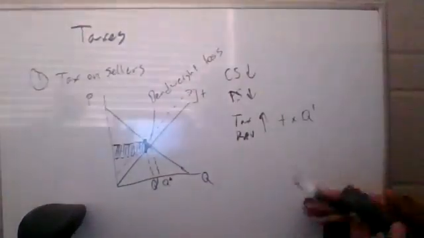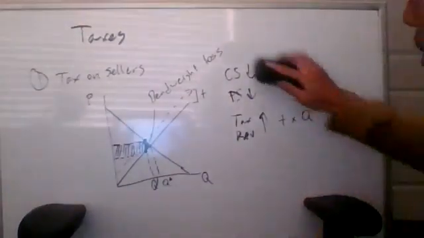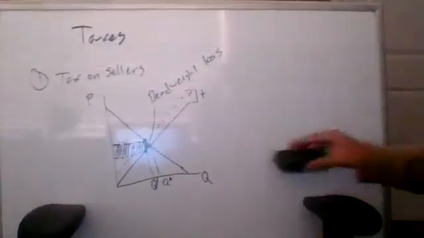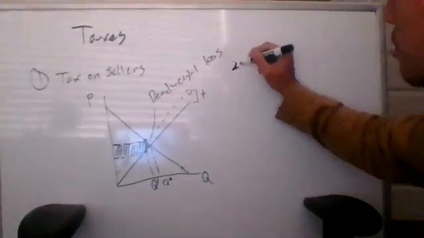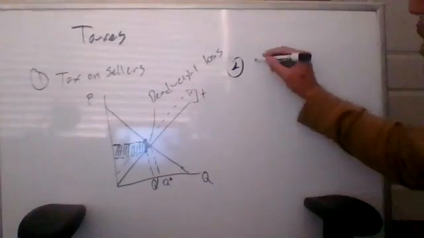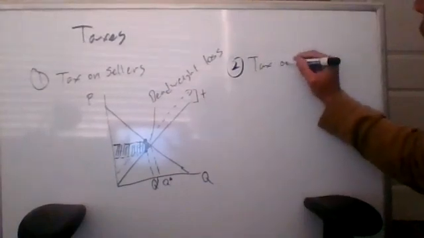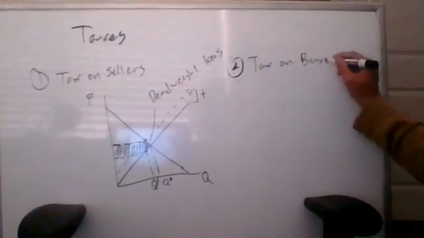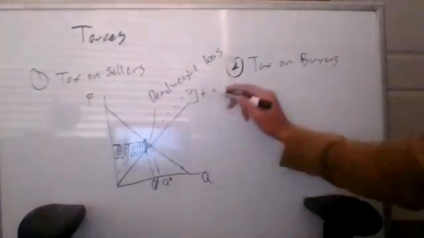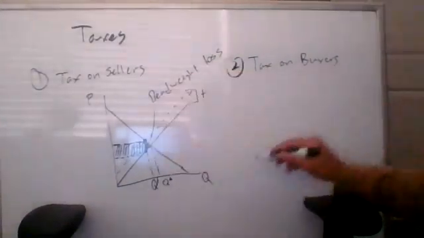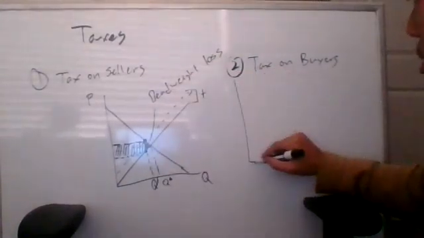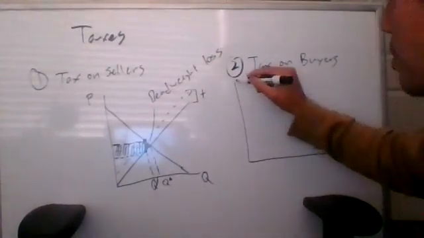The reason it's brought up in this class is that if we were to look at the same effect on the graph, this would be equivalent to a tax on buyers. You'll notice that this same exact loss in surplus, if drawn to scale, is the exact same. So let's see what I mean by that.